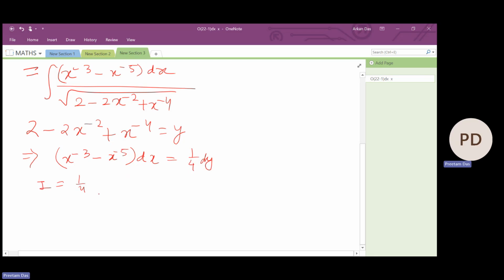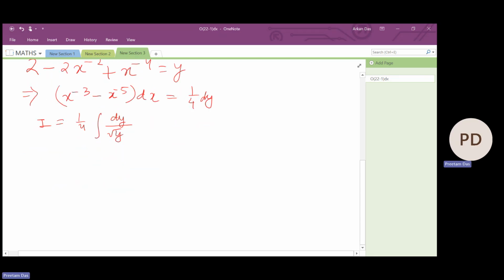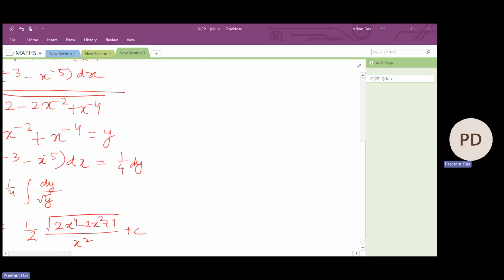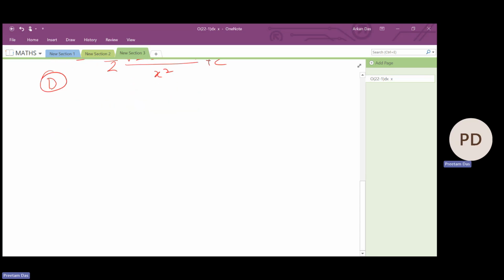It will become dy by square root of y. Now after calculation, you will get this equation as half square root of 2x raised to 4 minus 2x square plus 1 over x square plus c. So which option is correct? Option D. Okay.